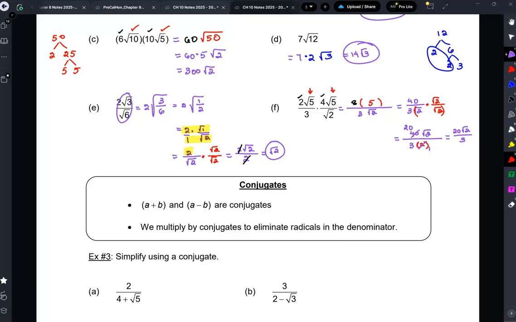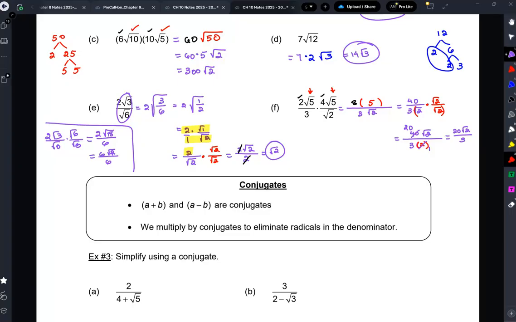Is that what you got? That is what I got. And I got 6 root 2 over 6, and then it simplifies. Lots of different ways to do these.